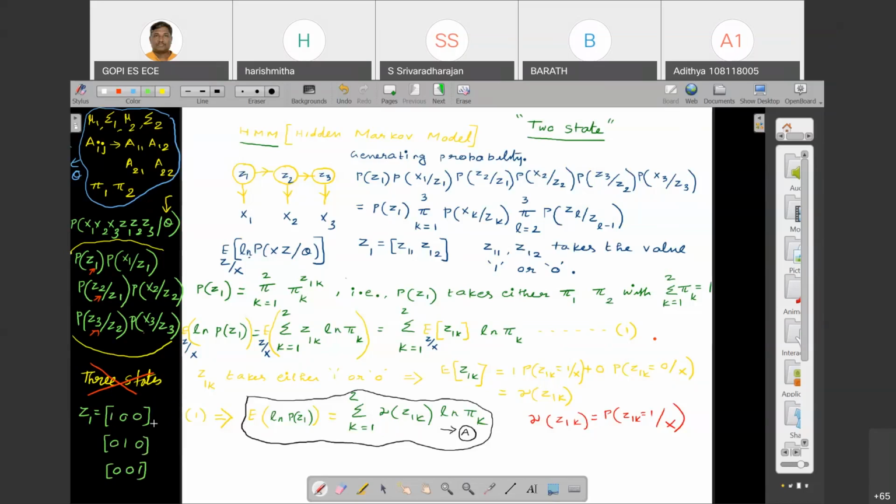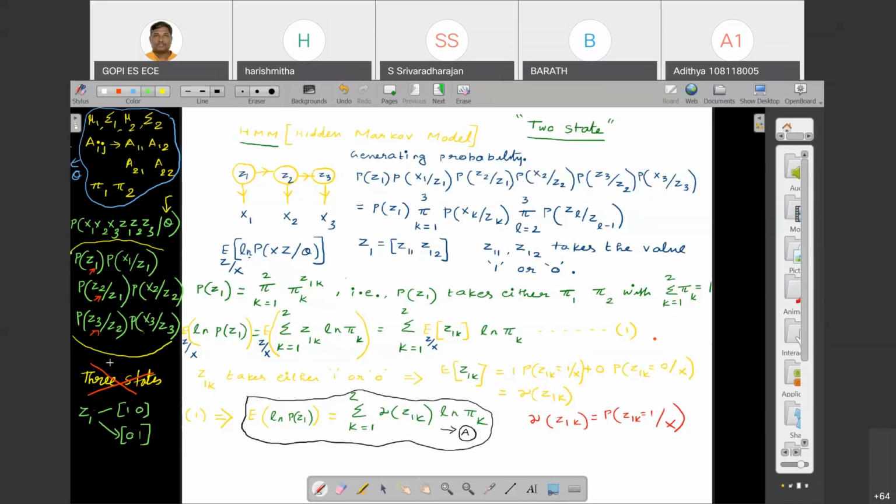So these are all the three possibilities you have for z1. It means that it has three states in this case. But in this example, we are going to consider only two states. So z1 can take the value of this form, either 1, 0 or 0, 1.